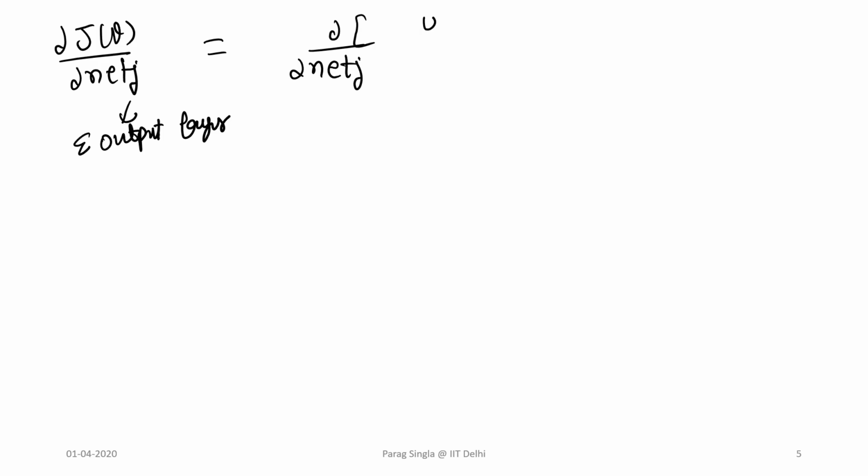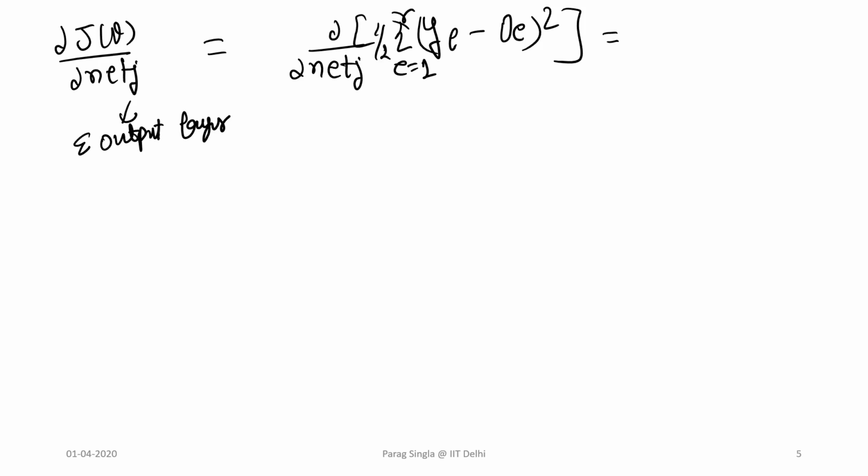So we can write the expression for J theta, which is half of the sum of y l minus o l squared, l equal to 1 to r, assuming there are r such outputs. Remember we are dealing with only one example. Now you can apply the chain rule. Note that in this summation, only when j equals l will that particular term have a non-zero gradient.